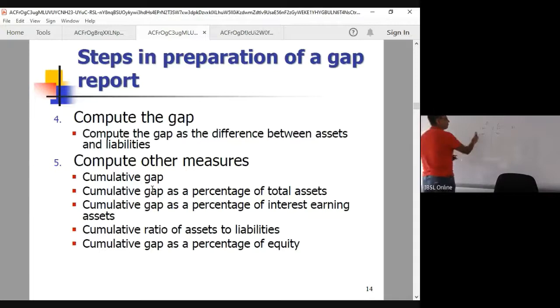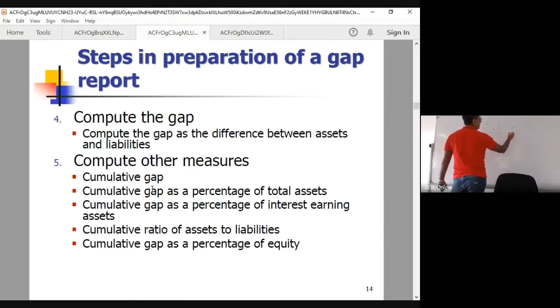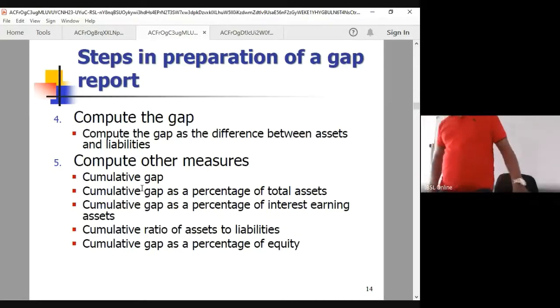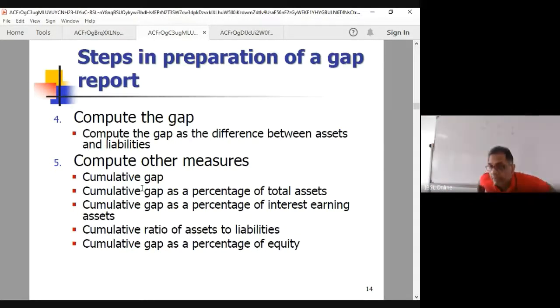You have 50 here, and you have 100 here, then you have maybe minus 50 here. So you work out your numbers, and then you come up with your cumulative number at the bottom, which gives you your cumulative gap for those particular cash flows.